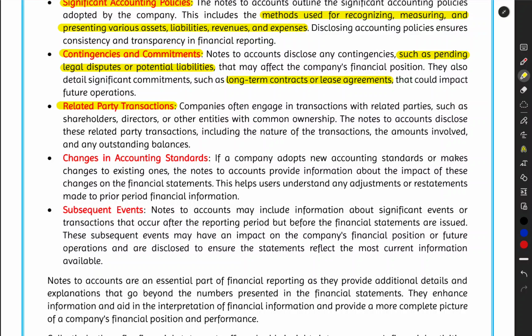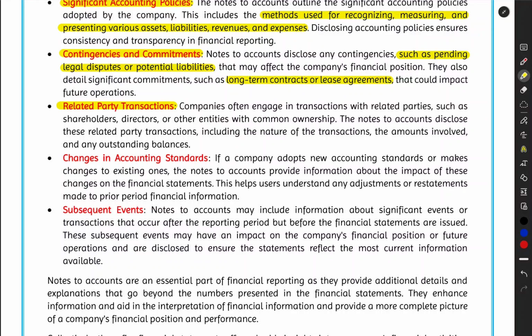Why should we know it? Sir, usually with related parties, there is a chance of fraud, sorry for using Hindi. When we do transactions with related parties, there is a chance that there might be a fraudulent transaction. There is a possibility of committing a fraud against the company.